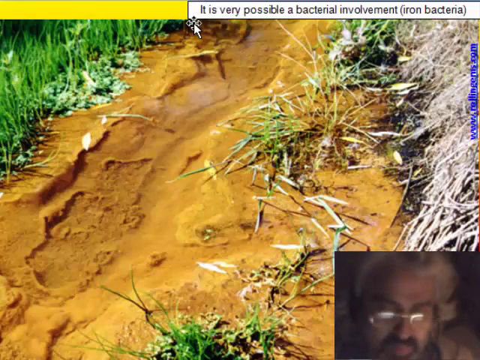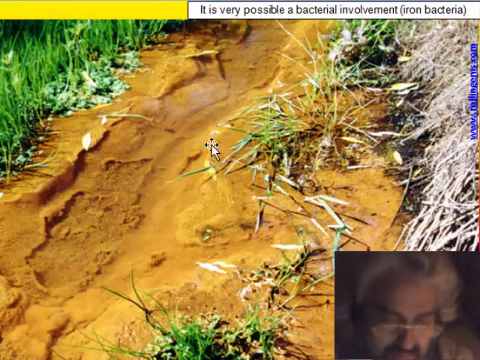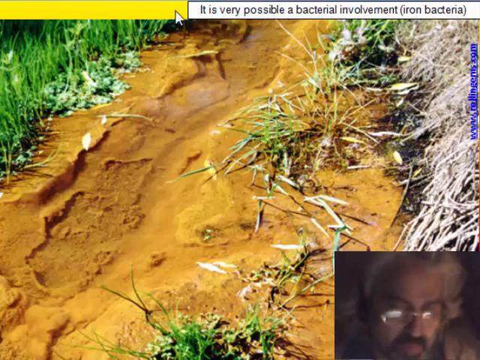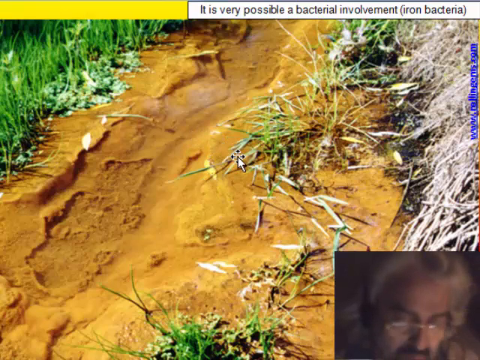It is very possible that this kind of structure is the responsibility of a group of bacteria that are called iron bacteria. They are bacteria that oxidize iron, so they really eat iron, and they transform bivalent iron into trivalent iron.